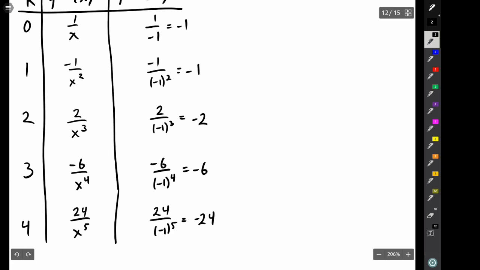Now again, I simplified at each step here just to not make a mess. But you could also say up top here, it would help to say that's 2 times 3, this is 2 times 3 times 4. So here, what you'll find is this is -0 factorial, this is -1 factorial, this is -2 factorial, -3 factorial, -4 factorial.